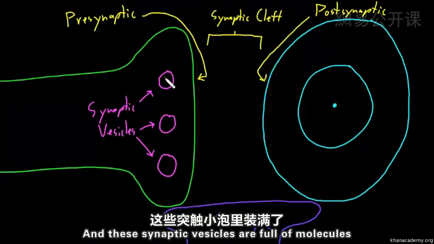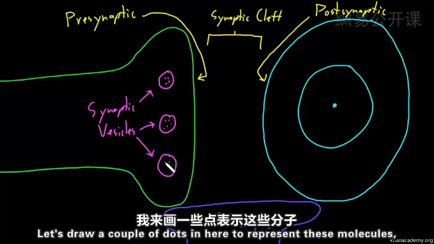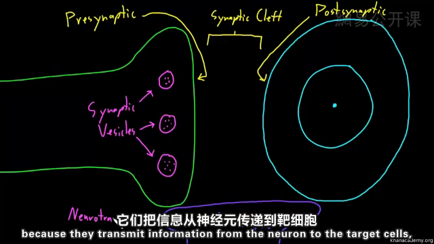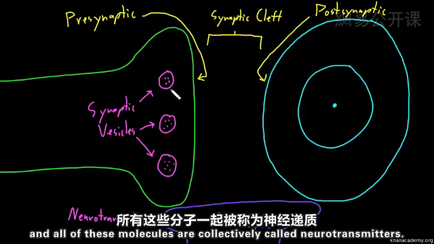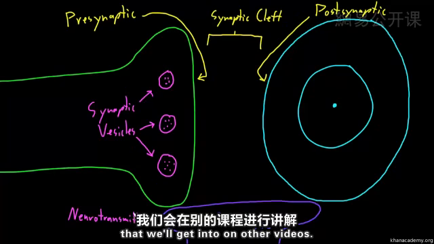And these synaptic vesicles are full of molecules called neurotransmitter. Just draw a couple of dots in here to represent these molecules, and they're called collectively neurotransmitter because they transmit information from the neuron to the target cell. So all of these molecules are collectively called neurotransmitters. And there are different types of neurotransmitters that we'll get into in other videos.